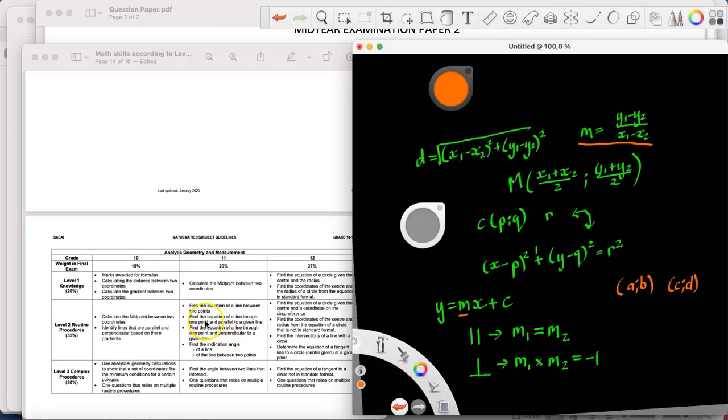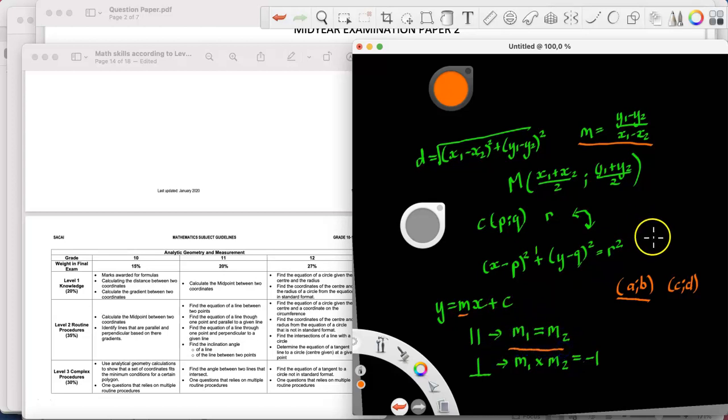Next thing is find the equation of a line through 1 point and parallel to a given line. Now instead of giving me 2 points, they give me 1 point, and they tell me that the line that goes through this point is parallel to another line. If a line is parallel to another line, it means their gradients are equal.